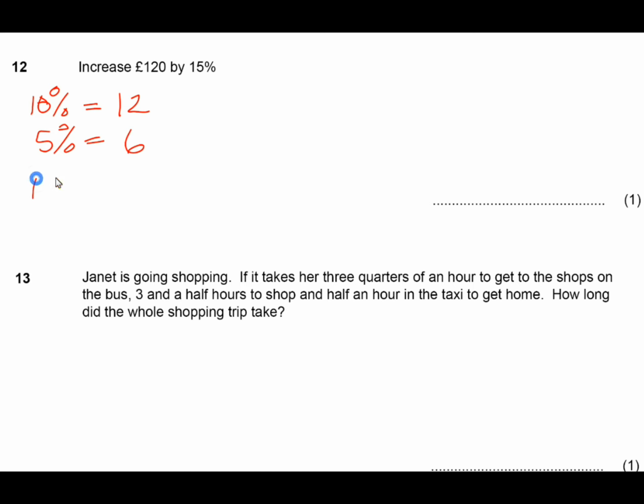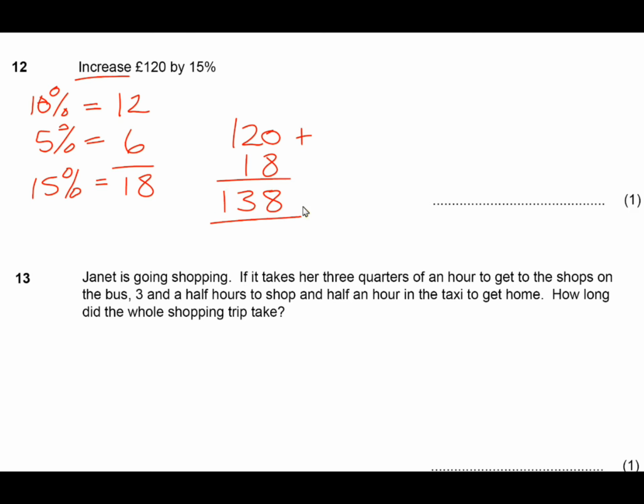So to get 15%, add the two together and you get £18. Now it's asking us to increase the amount. So we have to have 120 plus the 18. So £120 increased by 15% is £138.